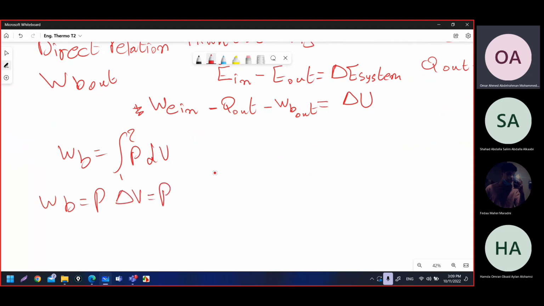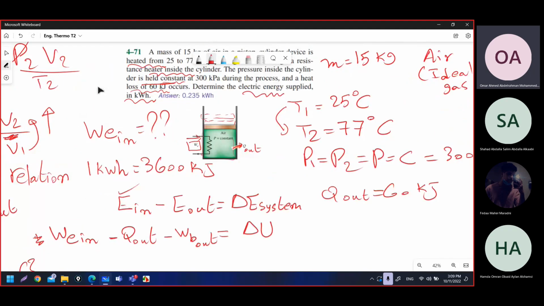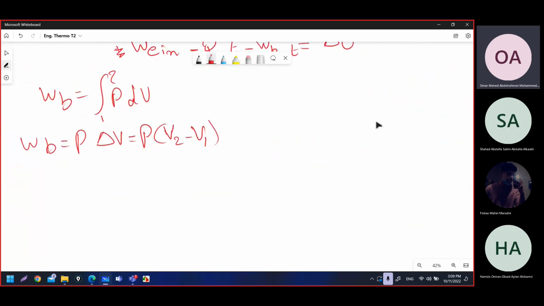It is equal to P times (V2 minus V1). This capital V is in meter cubed. Usually we don't deal with this in kilojoule, so we must multiply by the mass, and we are already given the mass in the question. From the previous chapters, capital V is equal to m times the specific volume, small v.